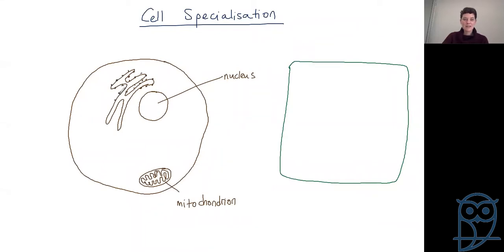So we shall get a whole lot of dots stuck to it. And a label line for rough endoplasmic reticulum. Very important in the building of proteins.